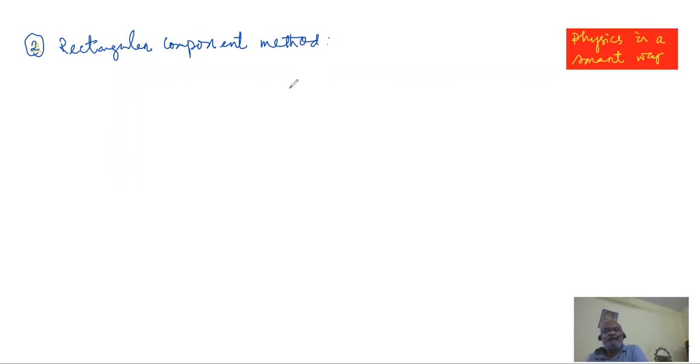However, before starting this method, let us come back to the old one, that is the parallelogram rule.